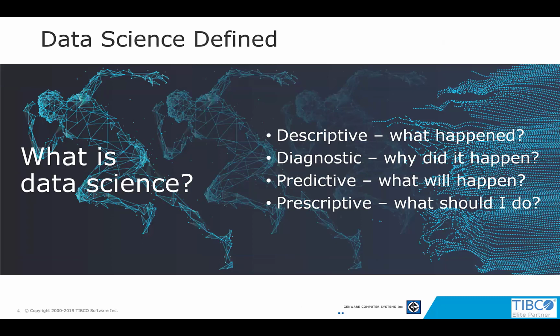So it's all about determining first what happened, and then using data science to develop, as I mentioned, models so that you can make predictions and then have those models learn based on incoming data. Once you have your prediction, the prescriptive component is the actions that you should take based on those predictions and based on the models.